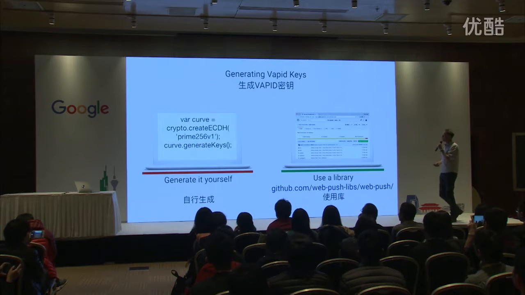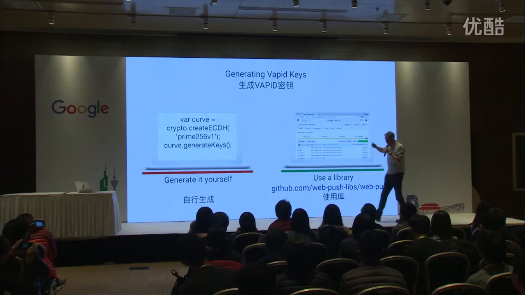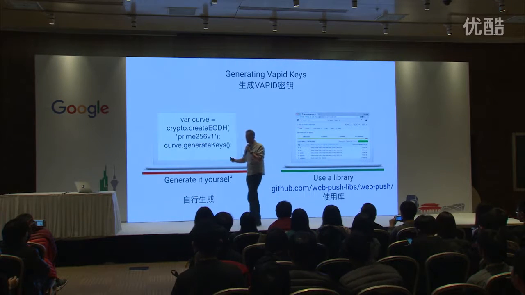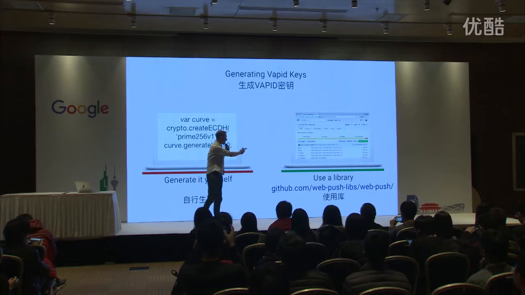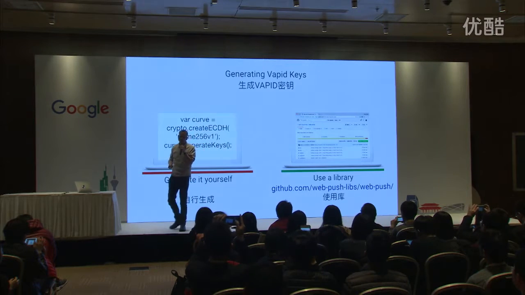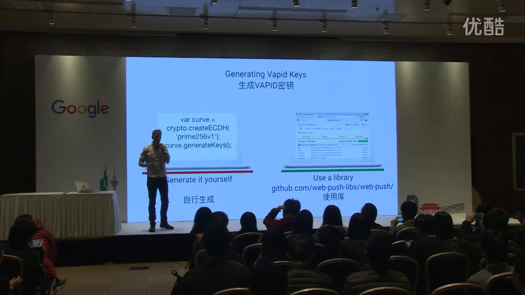This is absolutely crucial. You can do a lot of this work to set up push messaging yourself. What I would say is have a look at our libraries for web push. These are maintained by the Chrome team.